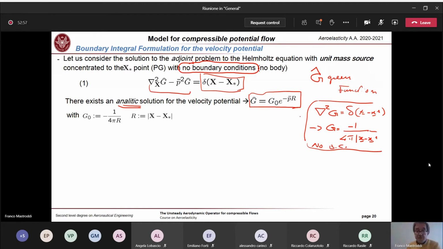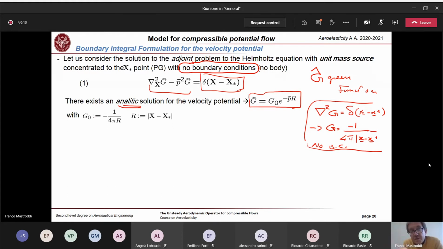The demonstration is done just by taking this quantity, putting it inside here, and checking that this identity is verified.